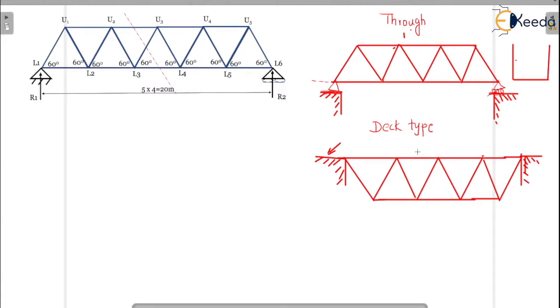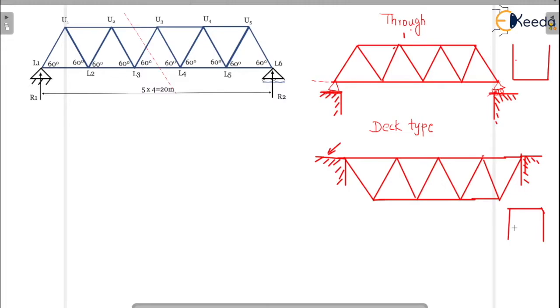Bridge trusses consist of two trusses connected by cross girders. So the same diagram will be for this, but it will be like this. Here this is a cross girder and these are the trusses. These trusses are connected by cross girders at every panel point.